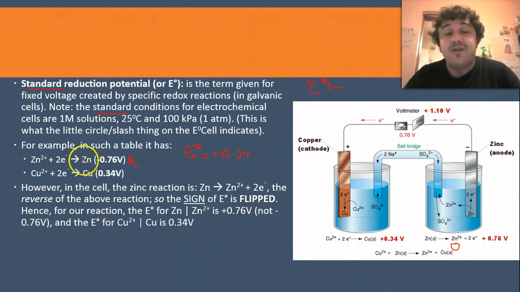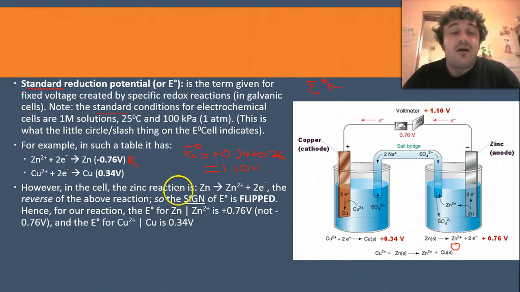Now remember, this is flipped because this is our reduction, standard reduction. This is our oxidation, which is the opposite of reduction, so we flip it, plus 0.76, and this gives us 1.10 volts.